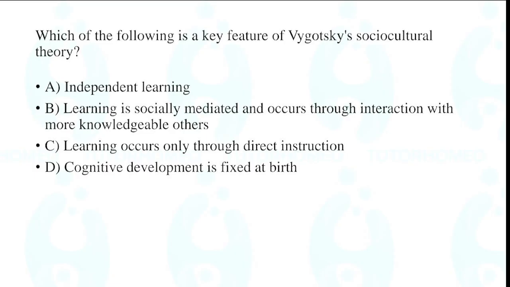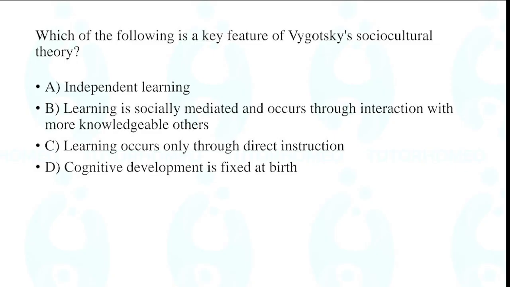Next question is, which of the following is a key feature of Vygotsky's socio-cultural theory? Is it independent learning? Learning is socially mediated and occurs through interaction with more knowledgeable others. Learning occurs only through direct instruction. Cognitive development is fixed.